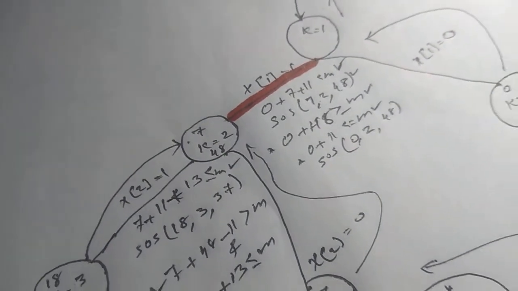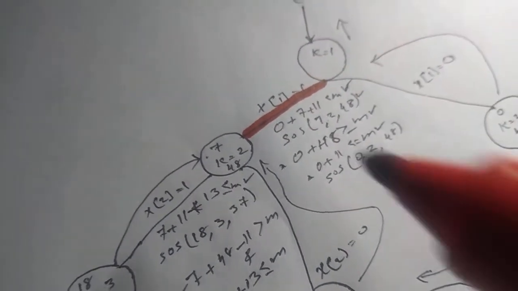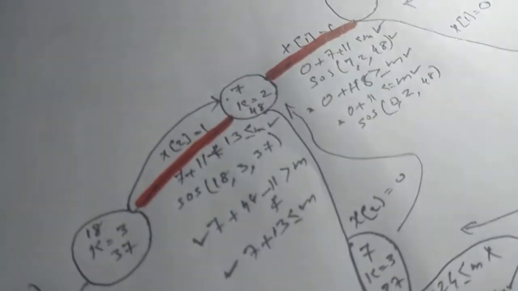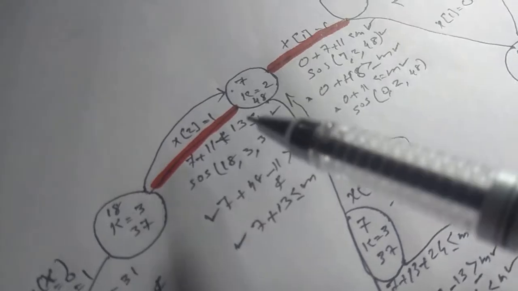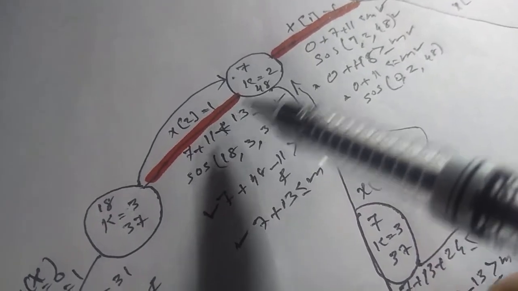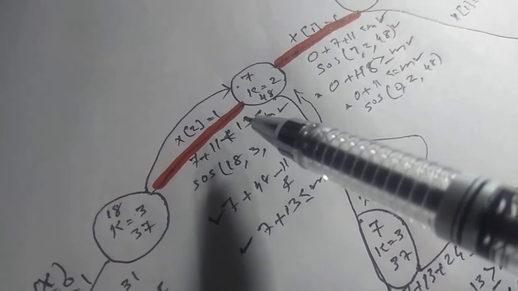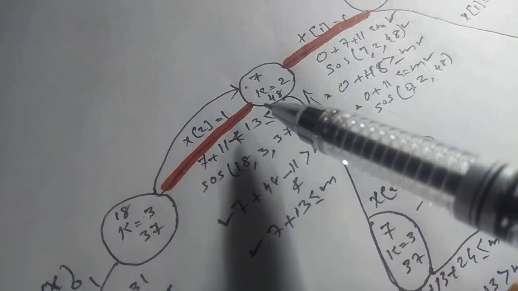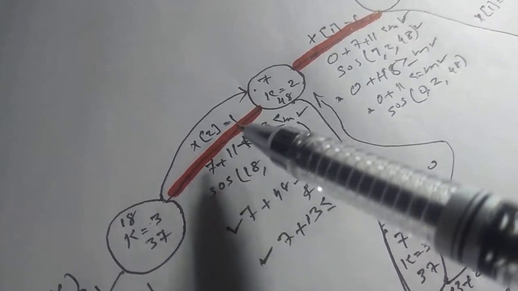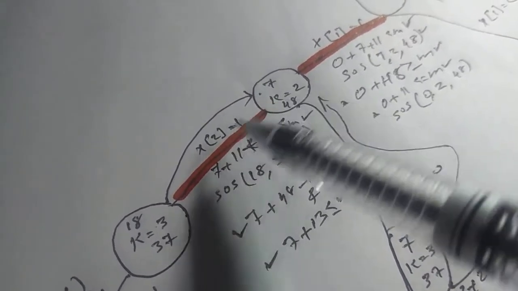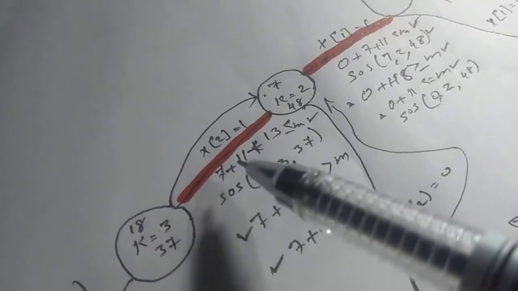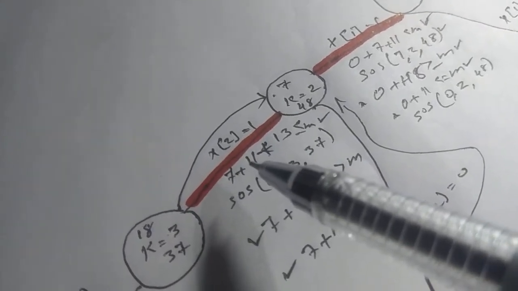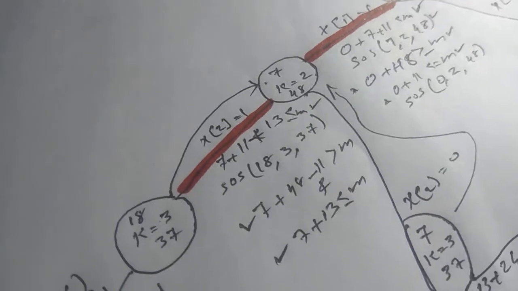Then it will do x2 equal to 1, here k equal to 2. Then it has to check whether it has reached the target sum, that is sum plus w2. w2 is 11.